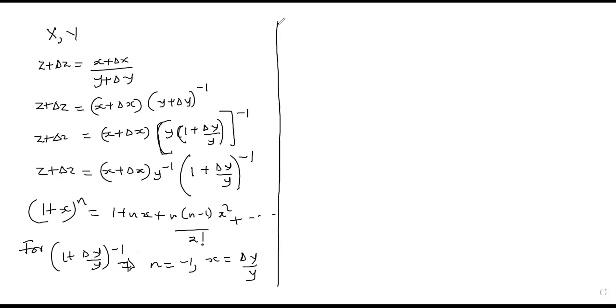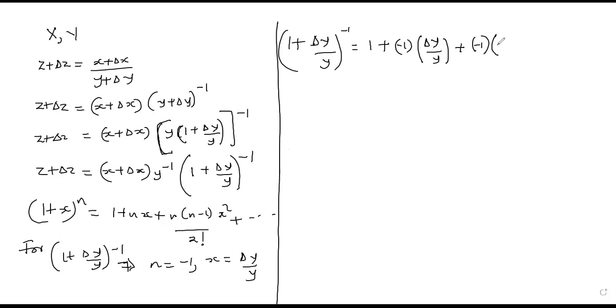Now it would mean that just 1 plus delta y over y to the power -1 is going to be equal to 1 plus n, which is -1, into x, so it will be delta y over y, then plus n, which is negative 1, into n minus 1, that is negative 2, then x squared, that is delta y over y, everything squared, then over 2 factorial.